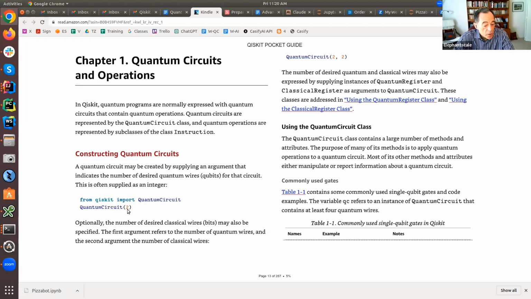The quantum circuit says you need 2 qubits, and it will also have 2 regular electronic bits, though it's not mentioned here; here you can spell this out. What that means is that your qubits will be doing the computations.